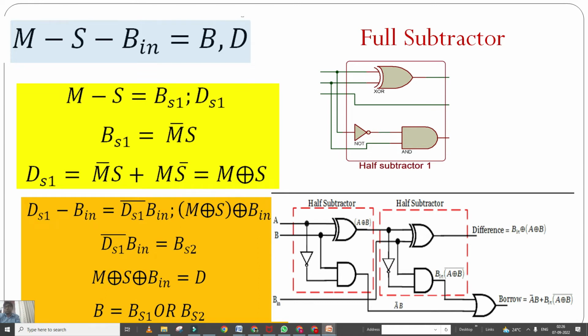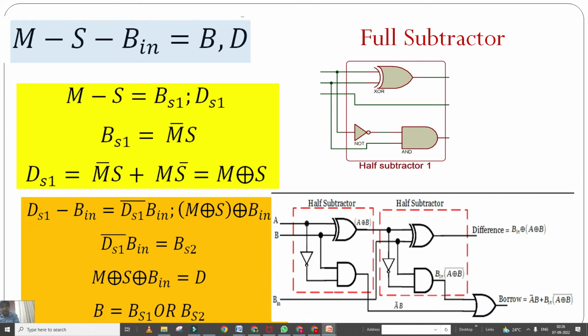So this will be an OR gate. So using two half subtractors, we may realize a binary full subtractor.